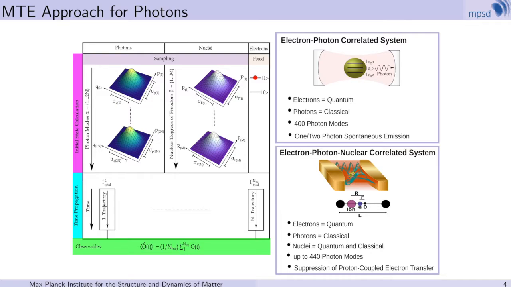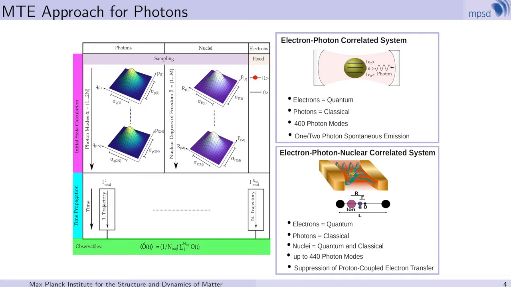And I will discuss how this method can describe suppression of proton-coupled electron transfer, and mainly in this talk will focus on how many photon modes influence this proton-coupled electron transfer suppression. Because we now use an MTE approach for photons, we will be able to go beyond the single photon mode picture to multiple photon modes.